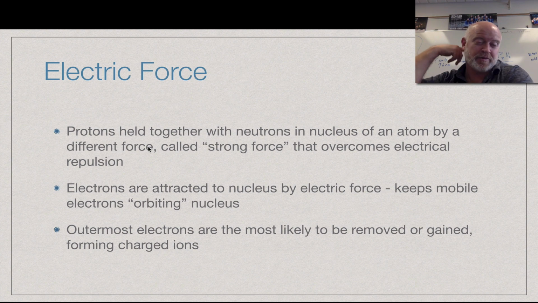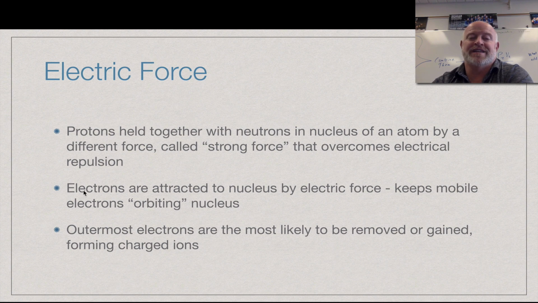So you might be wondering, if positive charges repel, why can more than one proton sit in a nucleus? Well, they do repel. The electrical force here is trying to get them apart, but there's another fundamental force that's stronger that's holding them together.